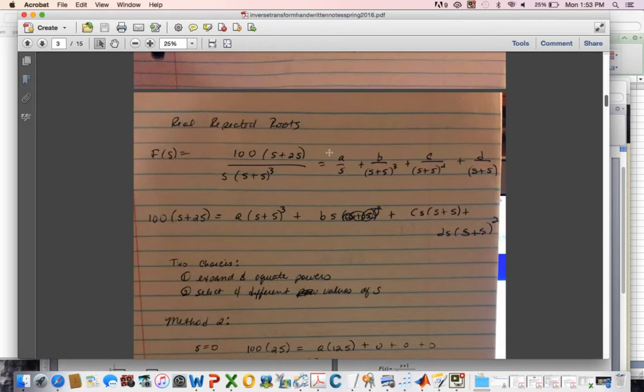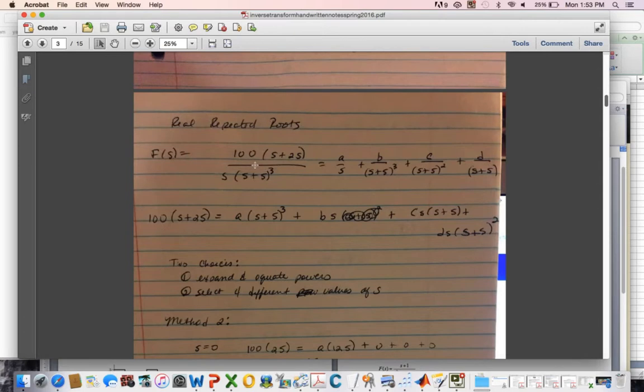And so the answer is we would obviously have something over s, and then we could have a factor that was s plus 5 cubed. We could also have a factor that was s plus 5 squared, and we could also have a factor that was s plus 5.